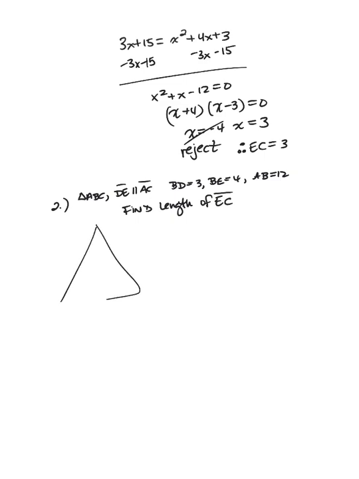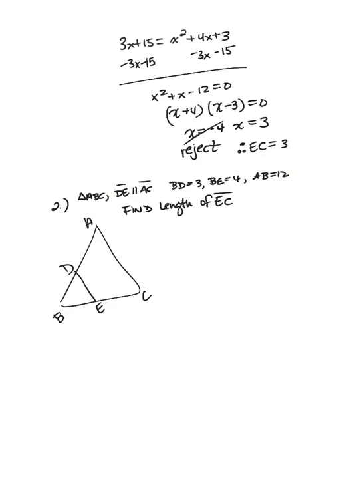So, triangle ABC, and then DE, okay. Okay, so now I'm just going to label this in the picture.